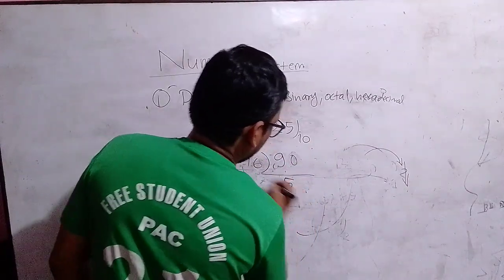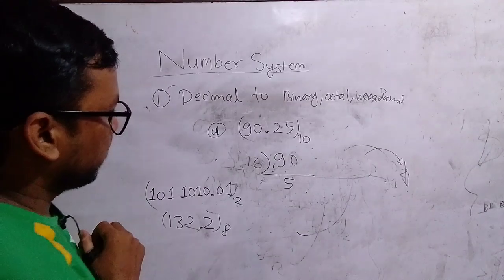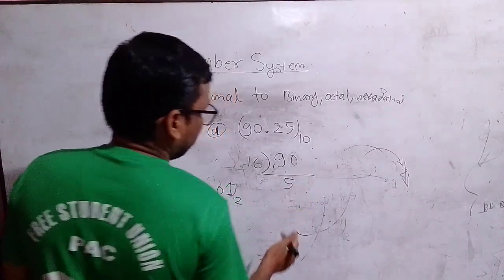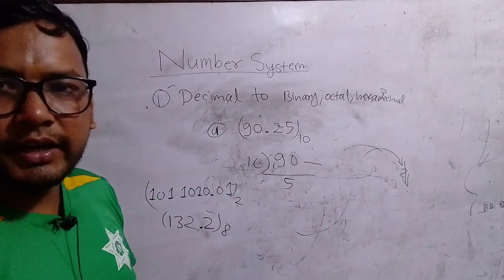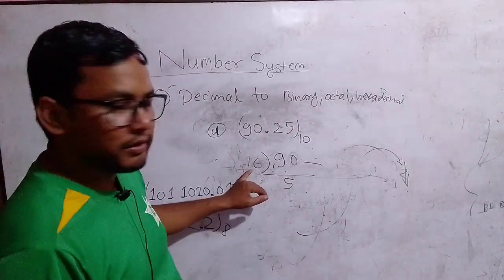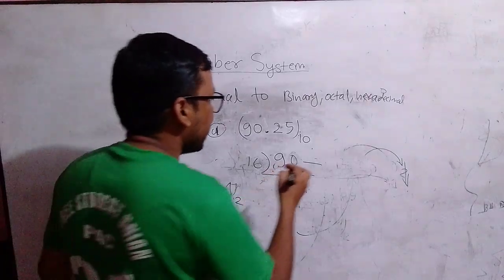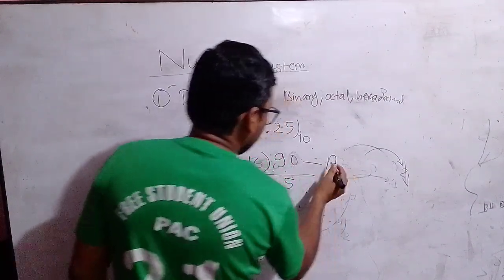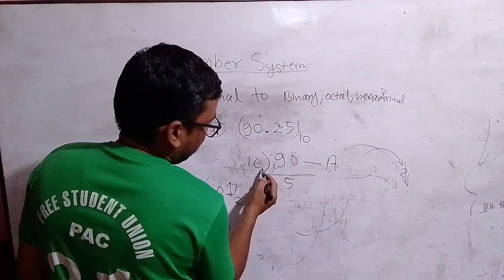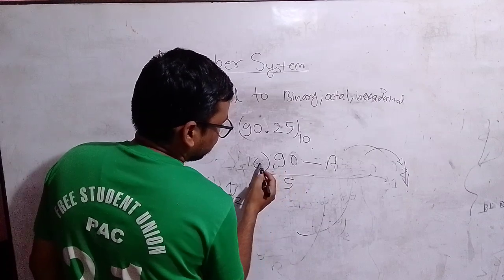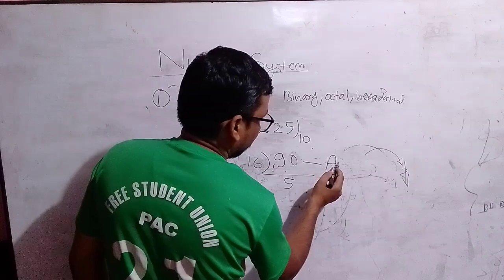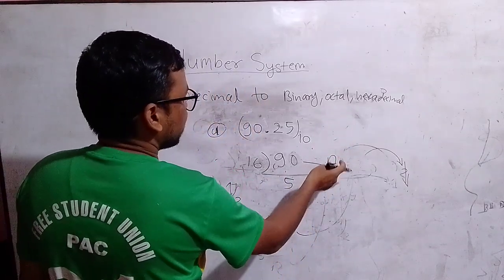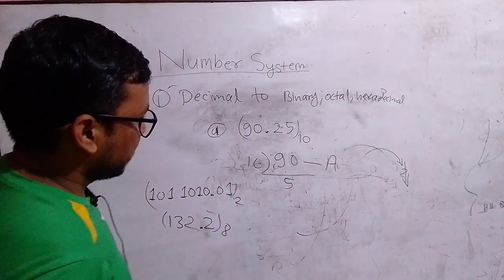5 times 16 is 80. And what would be the remainder? 10. In the hexadecimal system, 10 means A. If we divide 90 by 16, then the quotient becomes 5 and the remainder becomes A. A means 10.